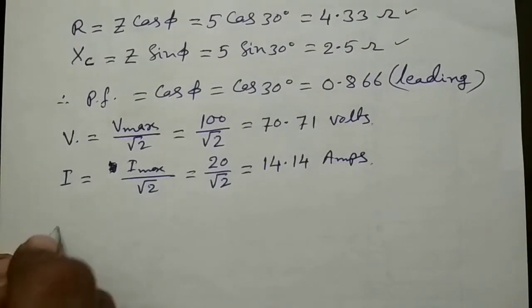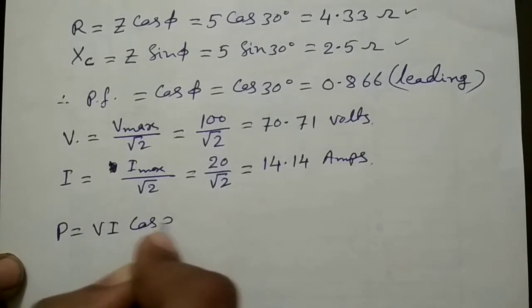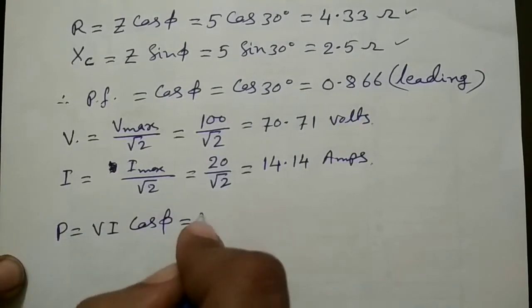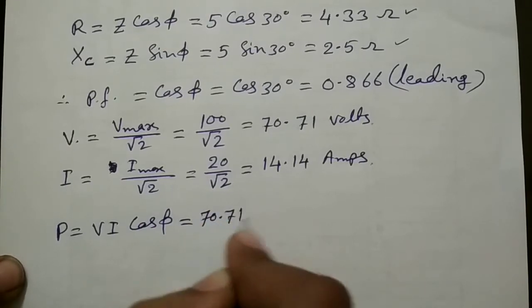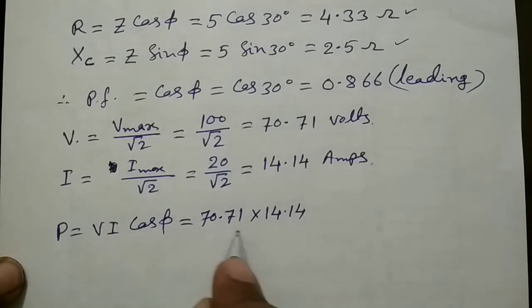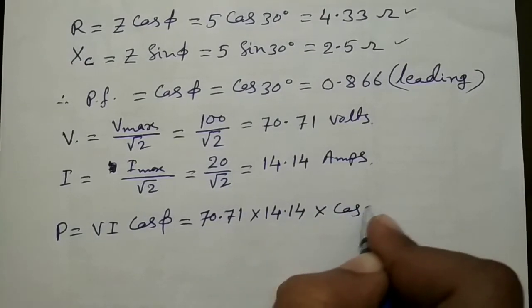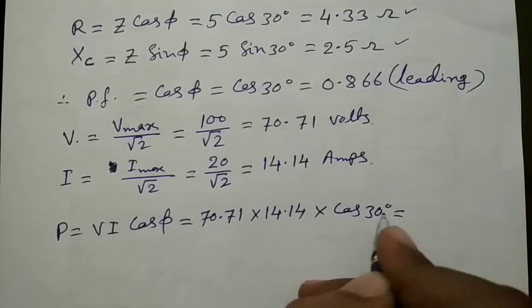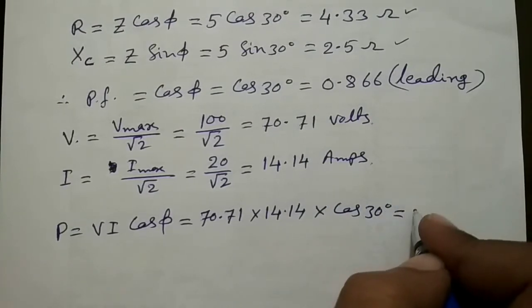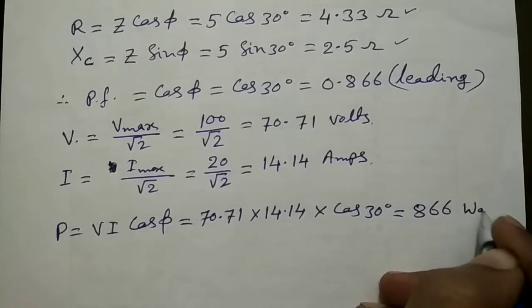Now the active power P is VI cos phi. So V is 70.71, I is 14.14. Here we have to use the RMS voltage, RMS current, and cos 30 degree. So after solving, the value will be 866 watts.